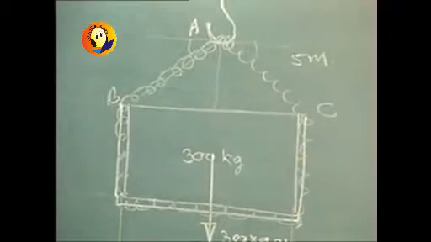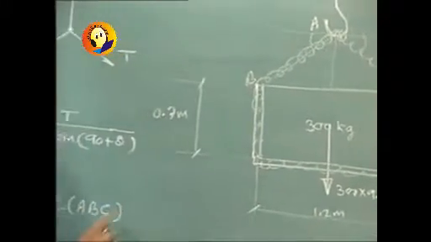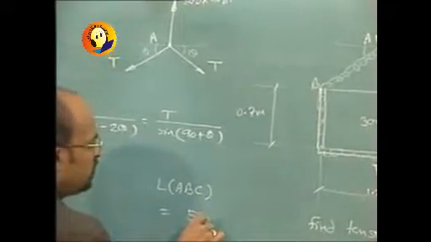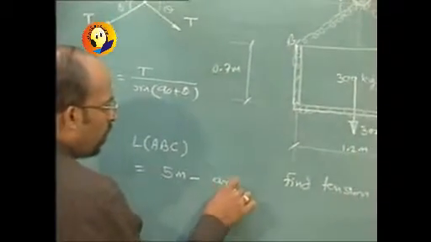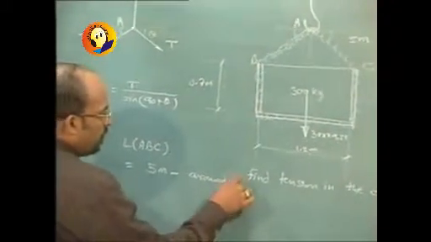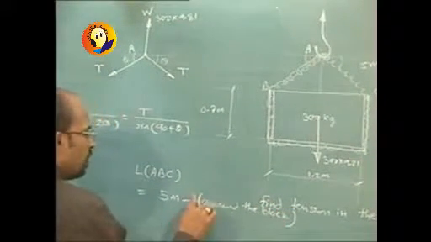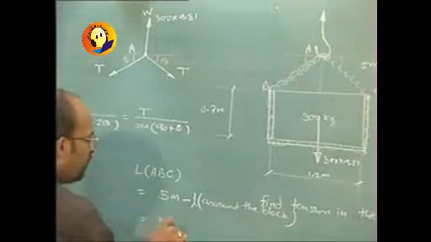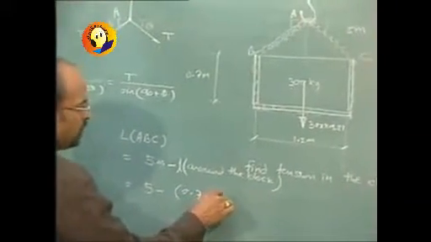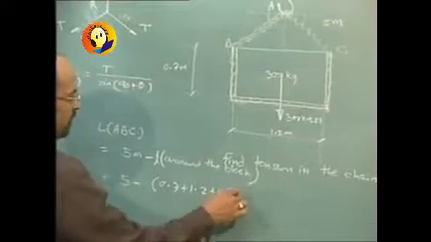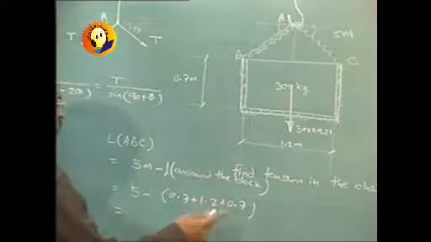So ultimately, length of ABC, if we are to calculate, it will be equal to 5 meters, which is total length, minus the length which is around the block. And so it will be 5 minus length around the block, which will be 0.7 plus 1.2 plus 0.7. And so this comes out to be 2.6.